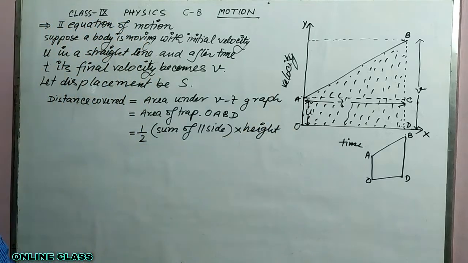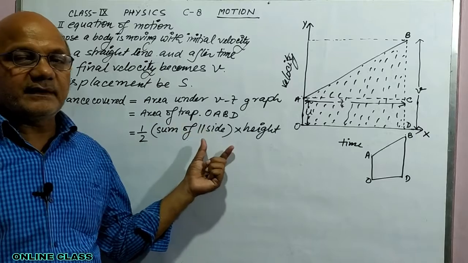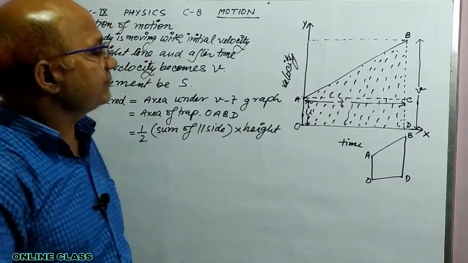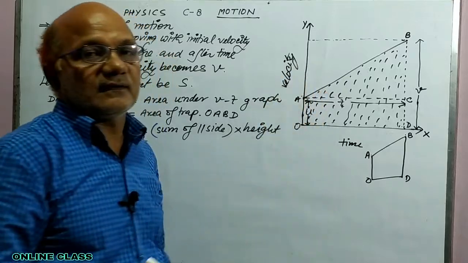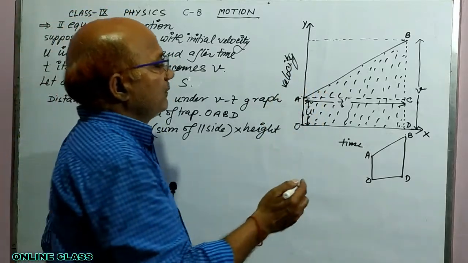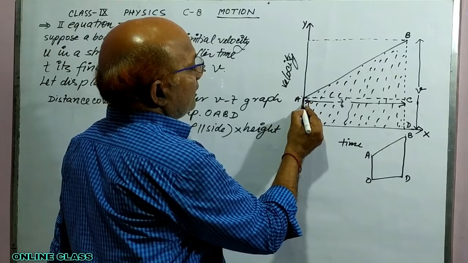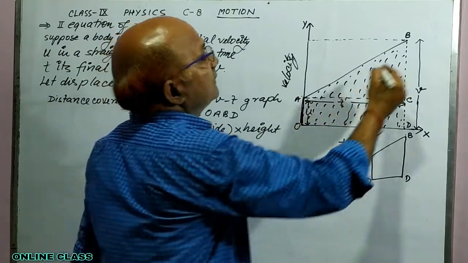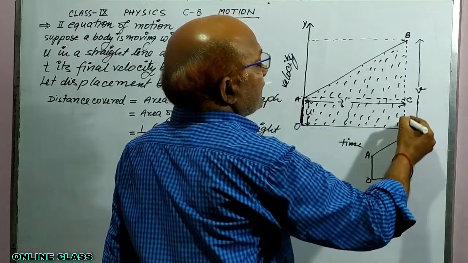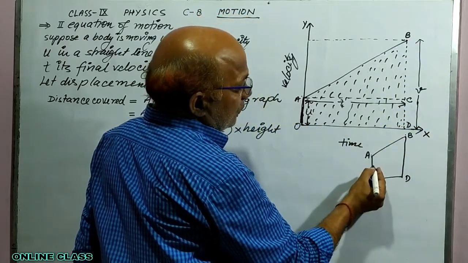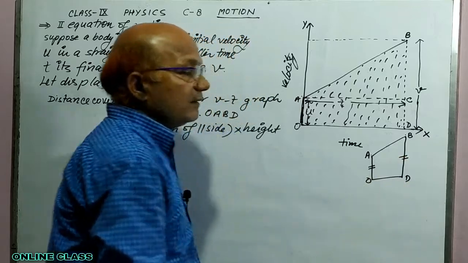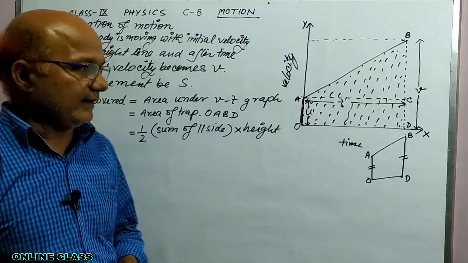Okay, half into sum of parallel sides into height. Now you can see which two sides are parallel. You can see this side OA is parallel to this side, means OA and BD, these two sides are parallel.